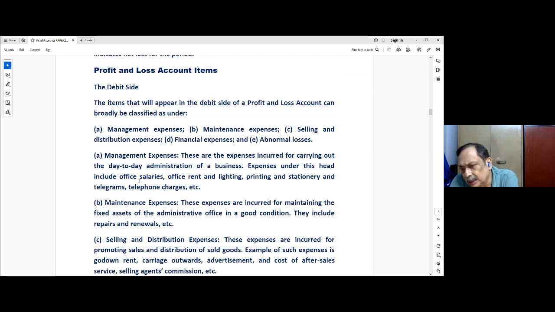Now, let us discuss the various items one by one. First one is management expenses. These are the expenses incurred for carrying out the day-to-day administration of a business. Expenses under this head include office salaries, office rent and lighting, printing and stationery, telegrams, telephone charges, etc.